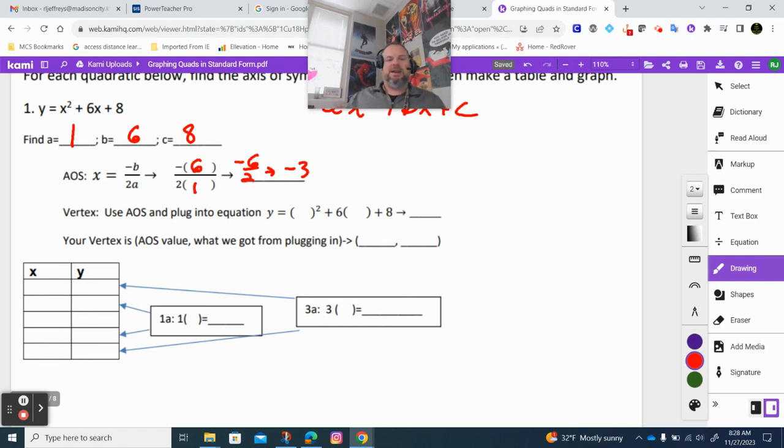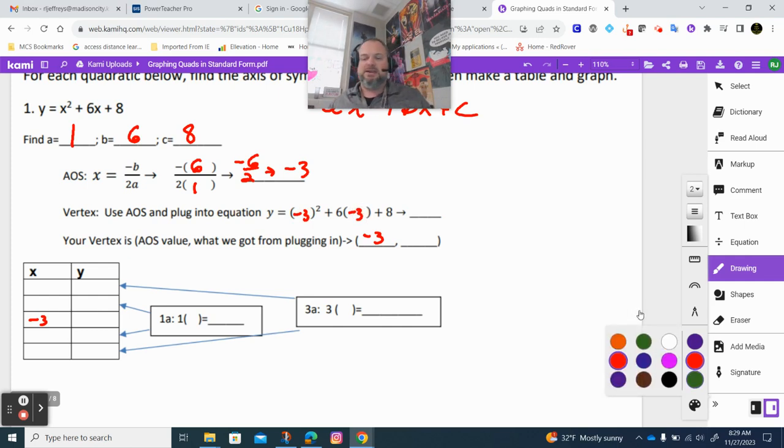Okay. Now, our AOS actually goes right here in the middle of our X's. Okay. It actually goes a couple of different places, but we're going to plug it in right there too. All right. Now, to actually find the Y value of our vertex, we're going to take that number we just found and plug it in everywhere we see X in our equation.